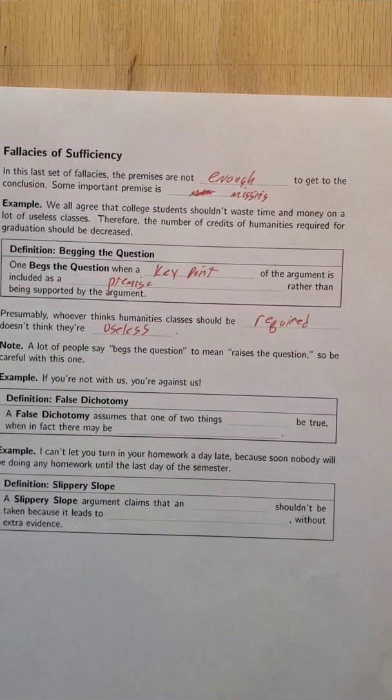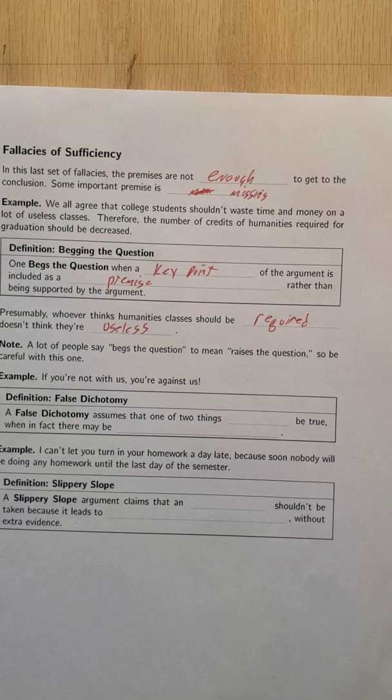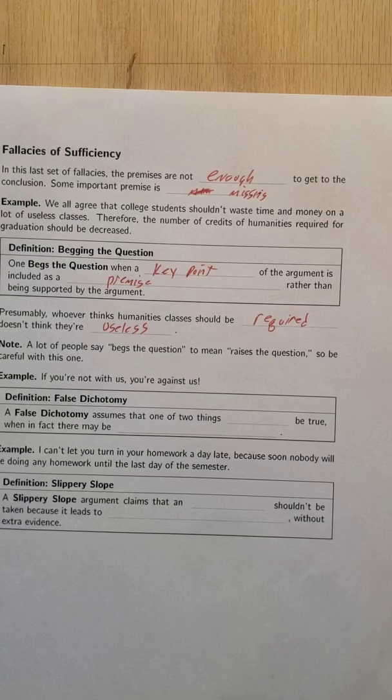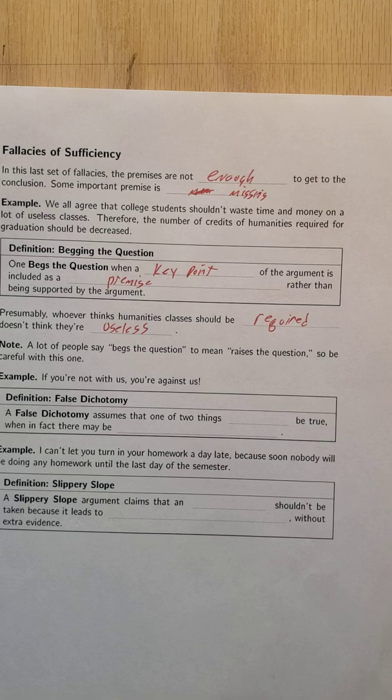So we can all agree that college students shouldn't waste time and money on a lot of useless classes. Therefore, the number of credit hours of humanities should be decreased.